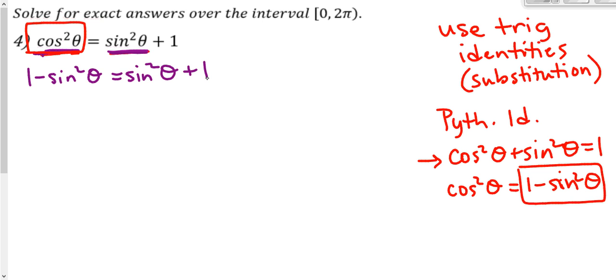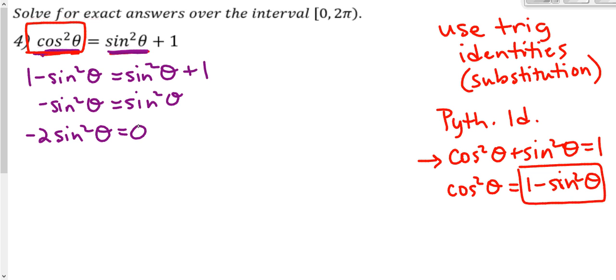So let's subtract 1 from both sides. And we have negative sine squared theta equals positive sine squared theta. Let's subtract sine squared theta from both sides, and we have negative 2 sine squared theta equals 0. Divide by negative 2, and we have sine squared theta equals 0. Square root both sides, and we have sine theta equals 0.